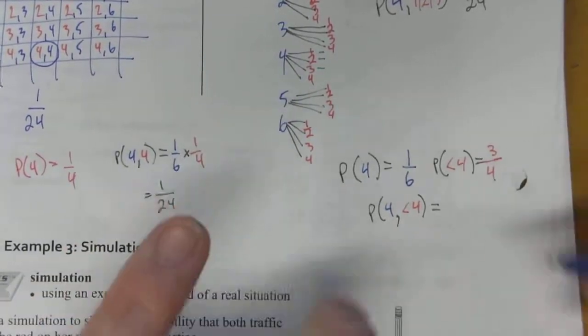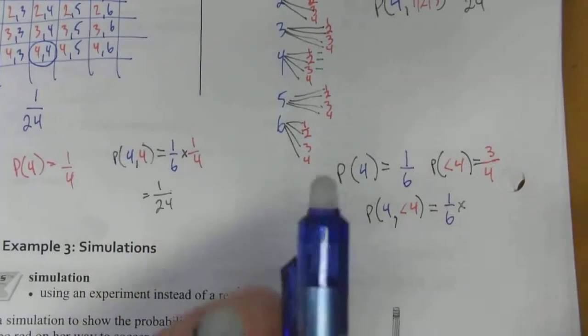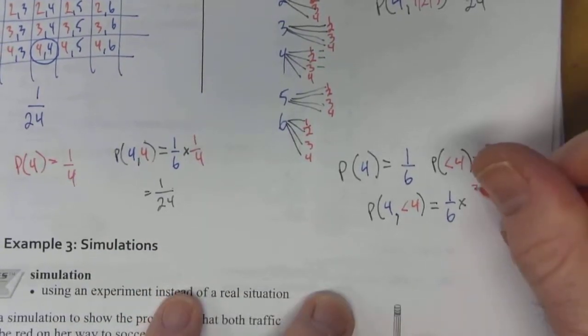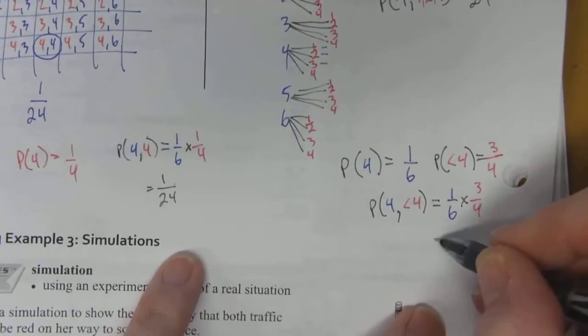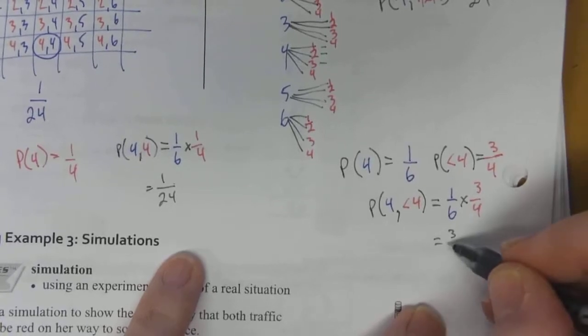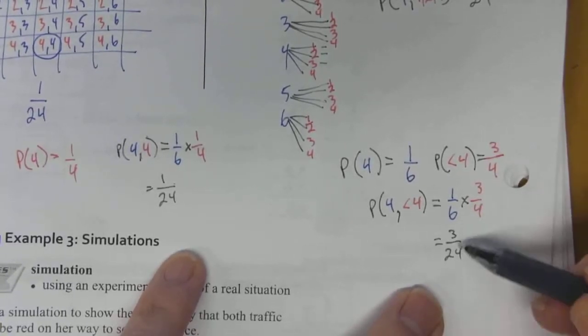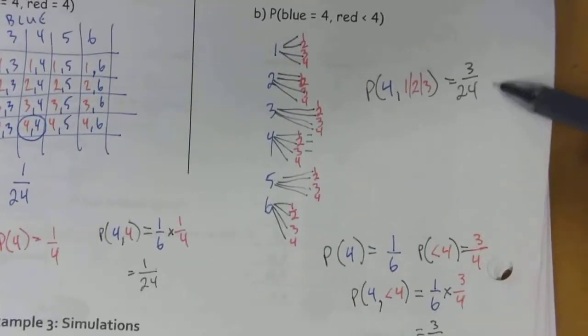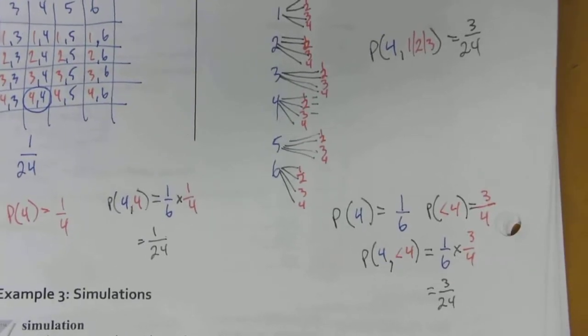So that's equal to 1/6 times 3 over 4. So 1 times 3 is 3, 6 times 4 is 24. Again, we've come up with the same solution using multiplication as we did using a tree. And that's the show you know.